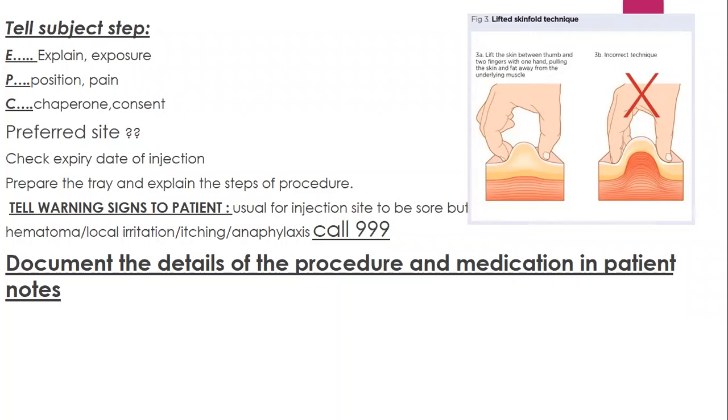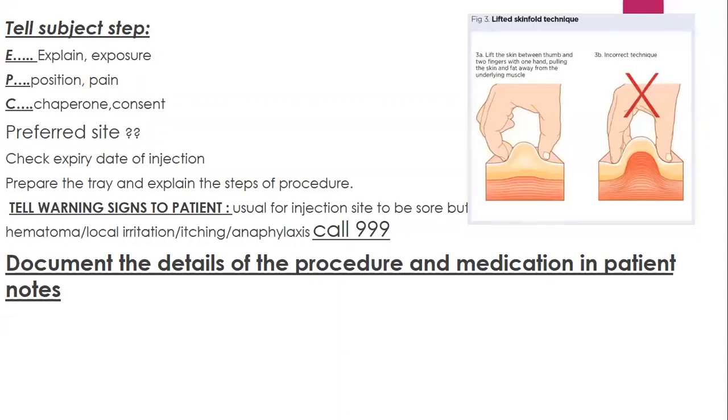Tell your colleague that you have to explain, you have to expose the patient, you need to tell him about the chaperone to ensure his privacy, you have to confirm that he is not in any pain, and you have to gain the consent to perform the procedure. And also here you can add one more thing, like in the other injections like IV cannula, ask about any preferred site for this injection.